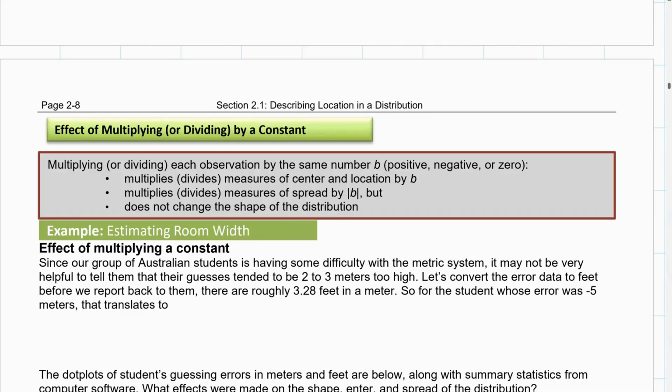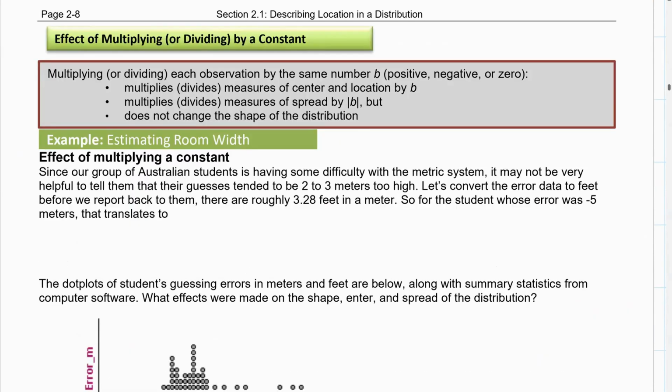The other kind of transformation we may have is multiplying each observation by a particular constant. What we see here is that if you multiply or divide each measurement, it has an effect on the center and location, but it also has an effect on the spread.